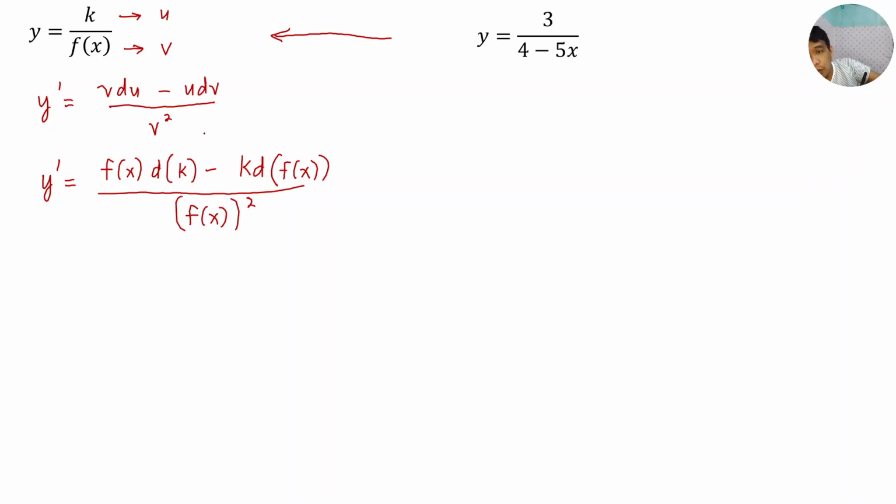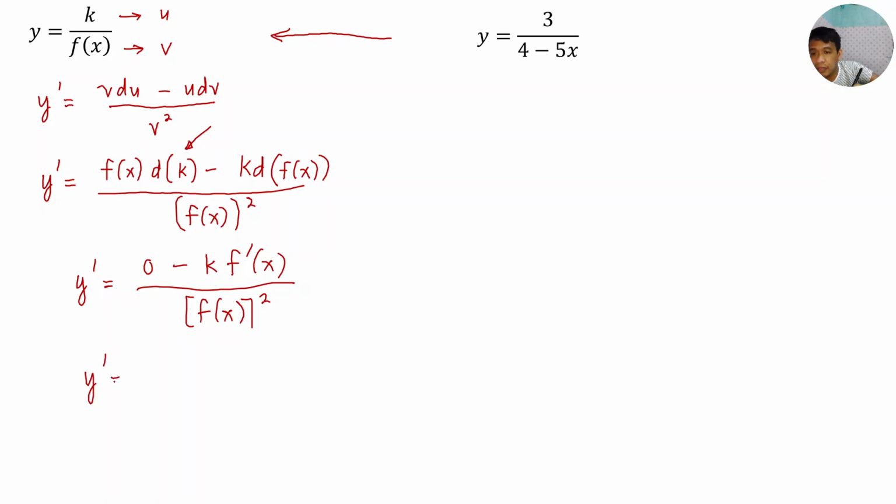But by our formula, dong unang na-discuss natin in the previous video, derivative of a constant is 0. And 0 multiplied by any is 0. So y prime here becomes 0 minus k f prime of x all over f of x raised to the second power. Thus, we have y prime is equal to negative k f prime of x, because the derivative of f of x is f prime of x, all over f of x raised to the second power.